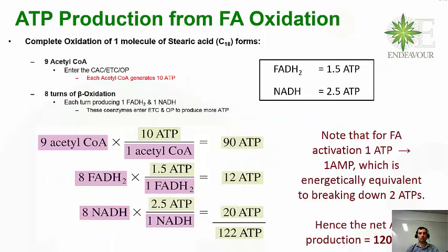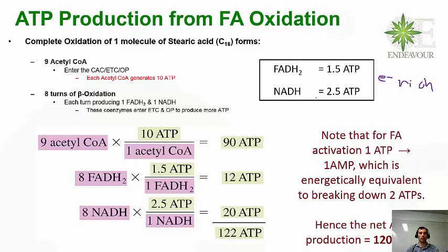Alright, so we did all this beta oxidation to get two things. We produced these electron-rich coenzymes, the FADH2 and NADH. Remember, every time we do the beta oxidation cycle, we're producing one of these each. The FADH2 is produced in step 1 and the NADH is produced in step 3.